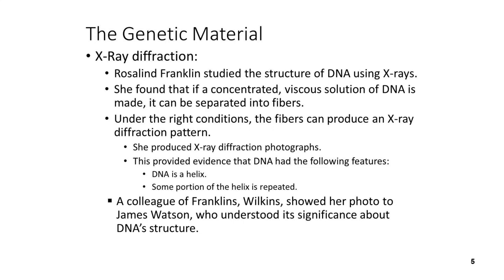Under the right conditions, she was able to produce an X-ray diffraction pattern. And through those photographs that she produced, she was able to see that DNA is a helix, and that some portions of that helix are in fact repeated.